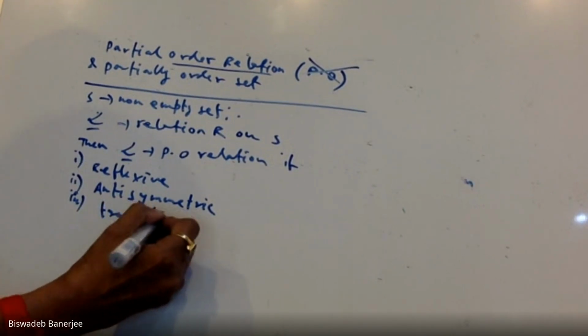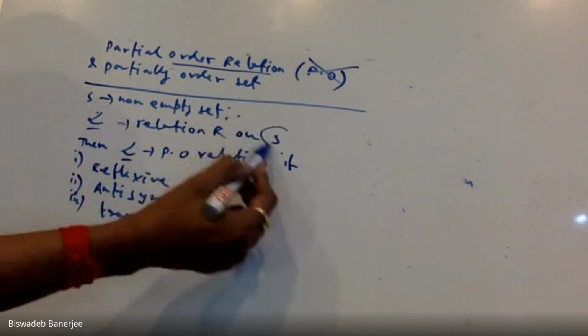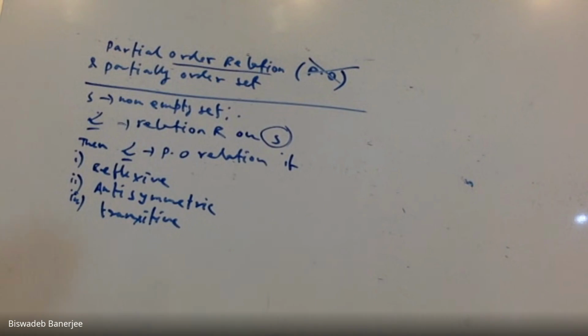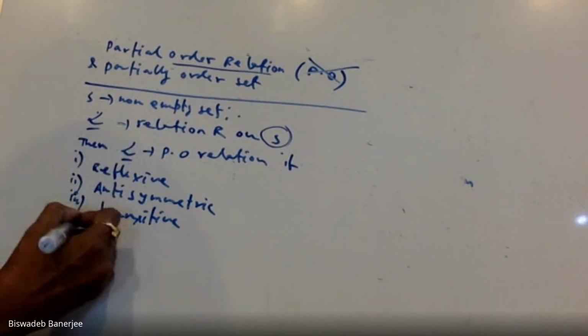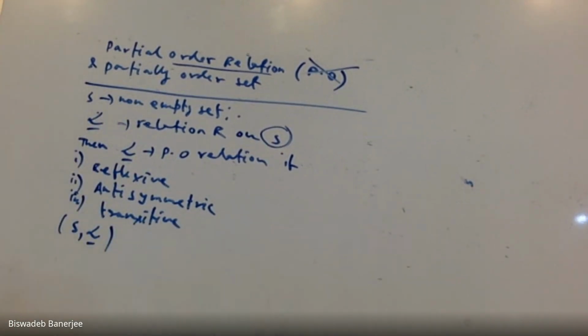We know how to check the transitive property. If these three conditions hold, we say that it is a partially ordered relation, and the set is called a partially ordered set. In notation, we write it as S, comma, this symbol. So there is nothing new in this concept.